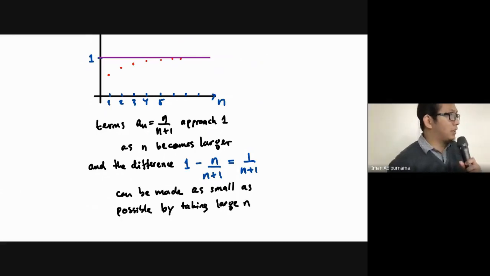So what does this mean? This means the gap in the graphs, the gap between the sequence and the value of 1, is getting closer. Okay, it's getting closer.